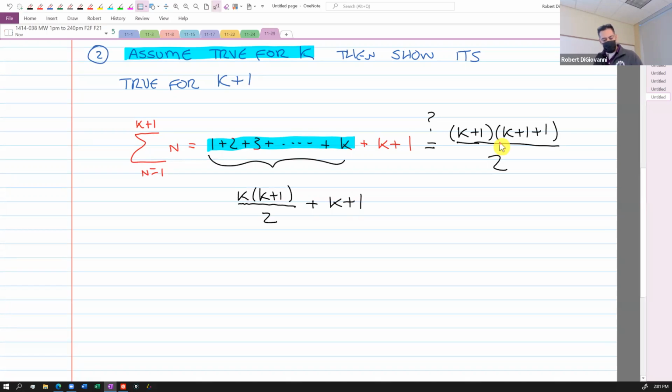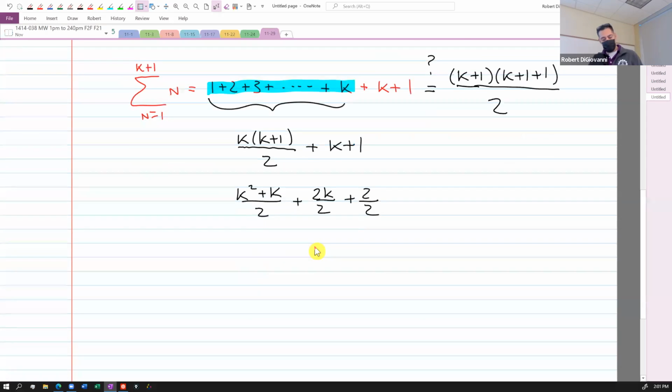Well, let's do some algebra here. Let's distribute the k through: k squared plus k over 2. Plus, let's get a common denominator, 2k over 2 plus 2 over 2. So all I'm doing here is rewriting this, putting them all over 2's. And let's put all this together. What is that?